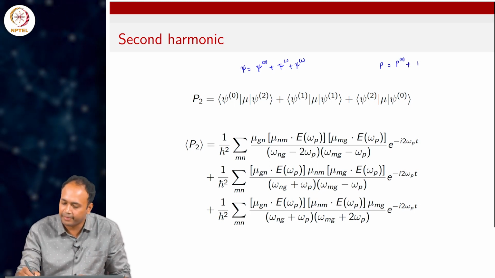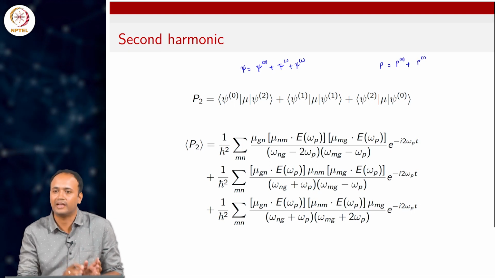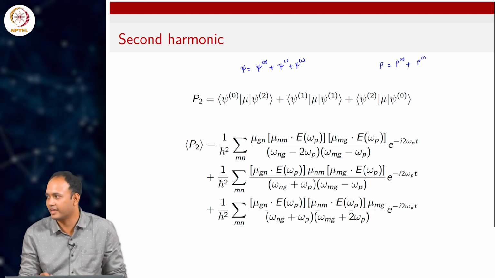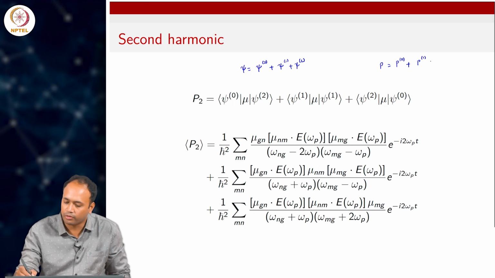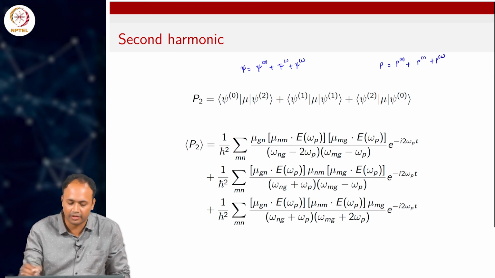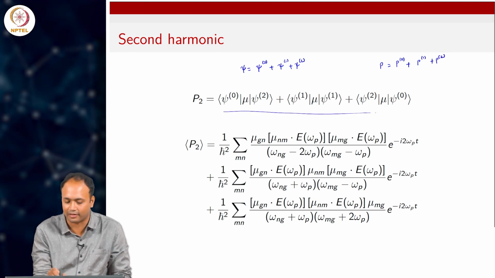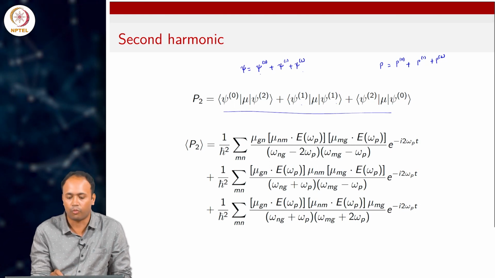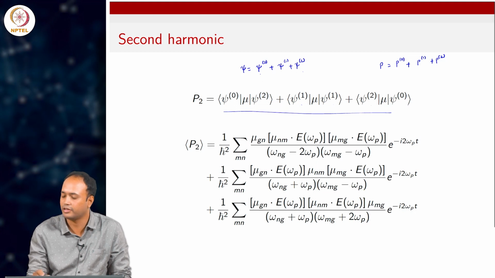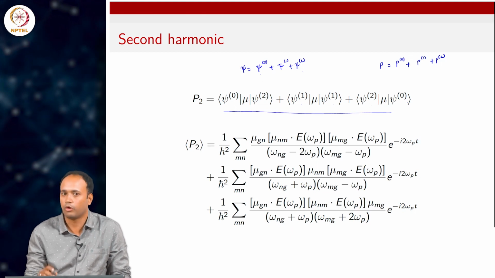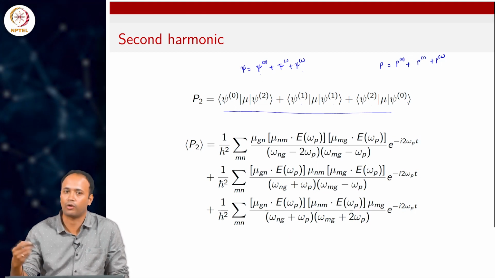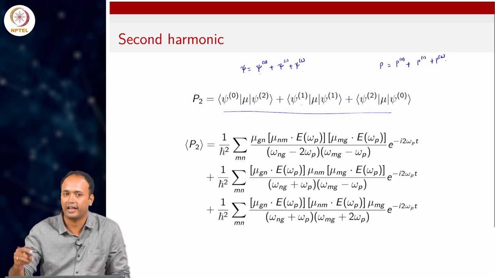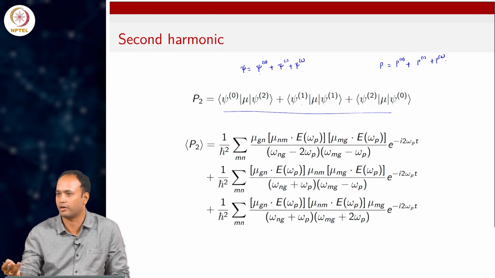You can write down P1, which would depend on psi naught and psi 1 like last slide, and you would also have P2, which would have contributions from these three terms, right. 0 meeting 2 will give you a second order correction, 1 meeting 1 will give you a second order correction, and 2 meeting 0. Now, if 2 meets 1, that is a third order correction to polarization, and when 2 meets 2, it is a fourth order correction.